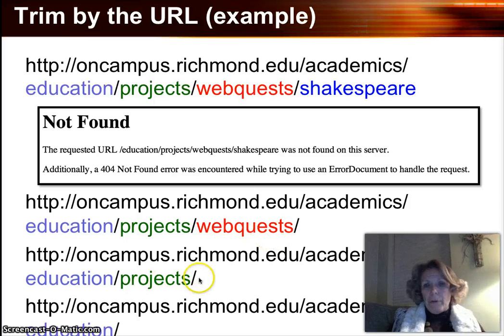Take off WebQuest and get down to the projects. Keep trimming back the URL by each backslash, and you might be surprised. It still might not quite get you where you need to be, but it might be helpful.